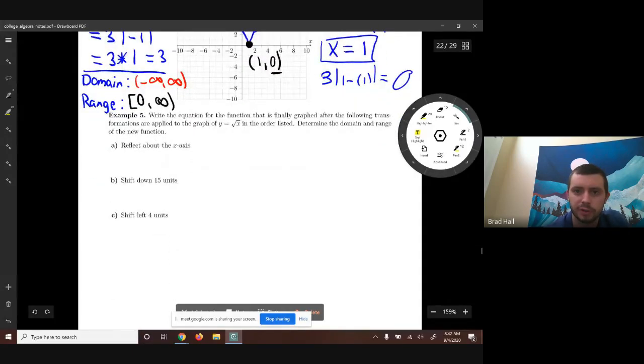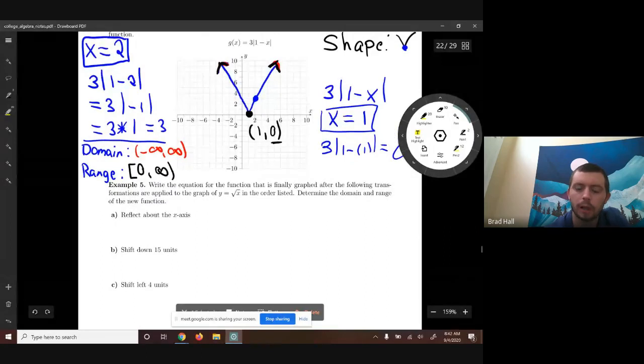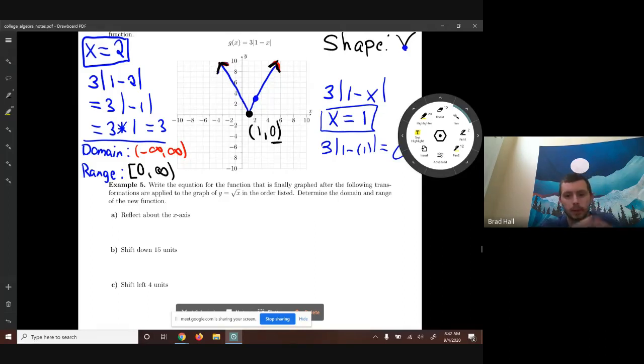If there's no questions about this one, I'm going to move on to example 5, which I've already gotten a few emails about. So this is a fairly popular question. It wants you to build the function step by step.